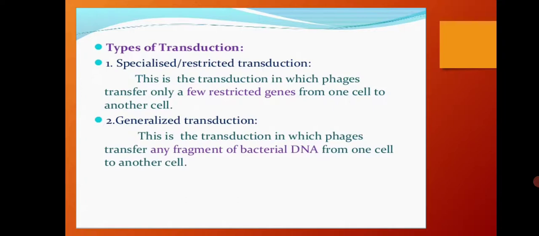So in generalized transduction, there is transfer and packaging of pure bacterial DNA into the virus, like a bacteriophage. In specialized transduction, the phage DNA is integrated into the bacterial DNA, but in generalized transduction, there is no integration process at all.